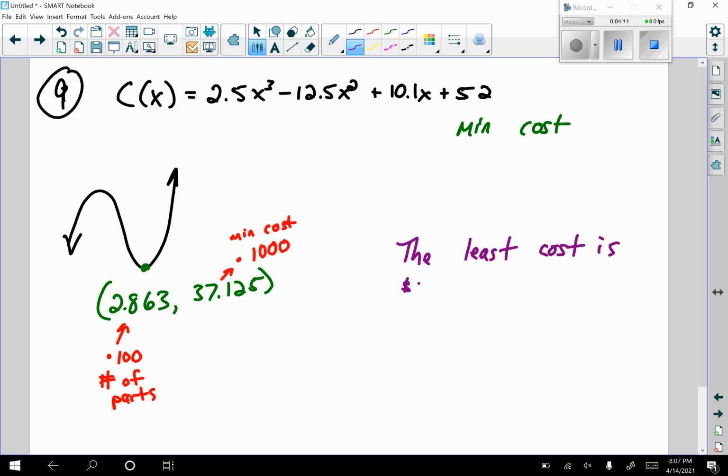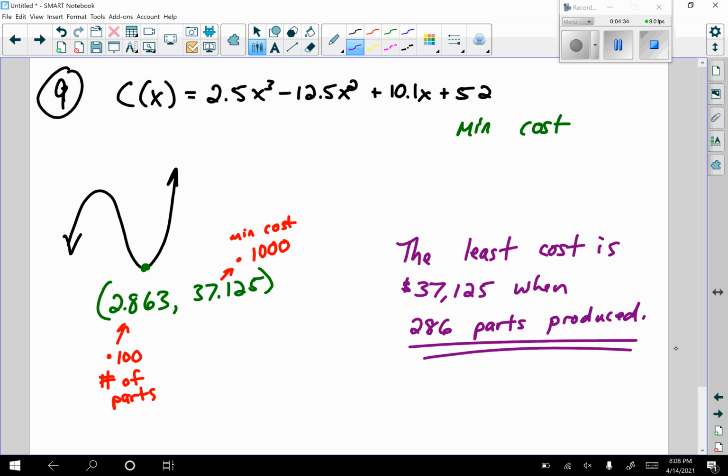So this is going to give us $37,125 when, if we multiplied this, the first number, 2.863, by 100, we're going to get a 286.3. Rounded to the nearest whole part would be 286 parts are produced. So that's how we want to do a minimizing cost function problem all the time.